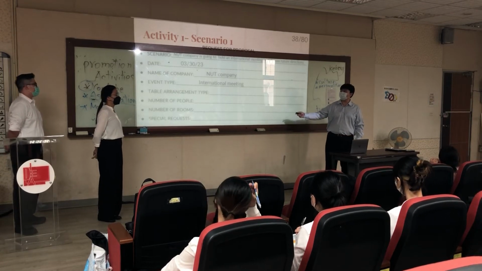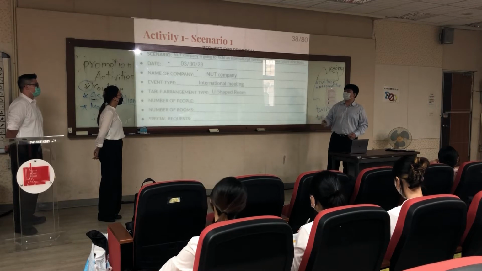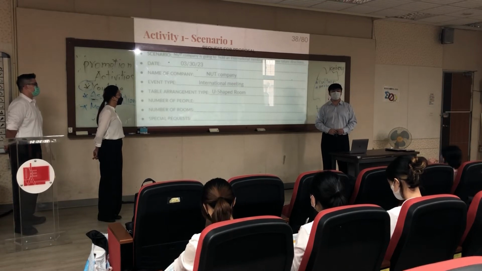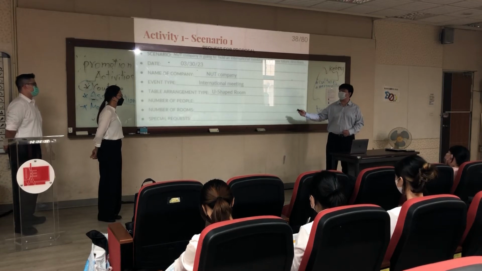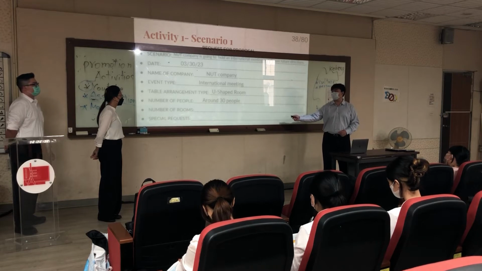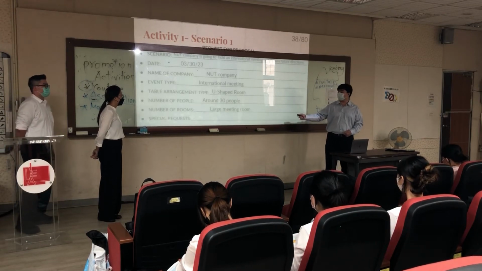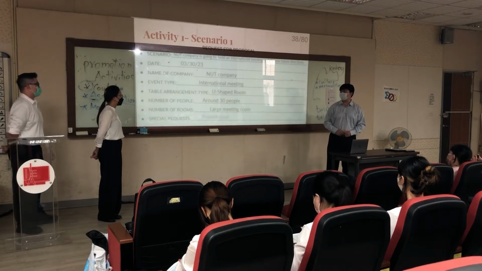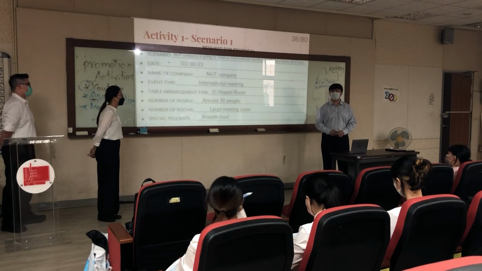And the event type will be international meeting. And next, according to the textbook on page 12, the table arrangement type will be a U-shaped room. And the number of people will be around 30 people. And the number of rooms will be a large meeting room. And they need to provide food.